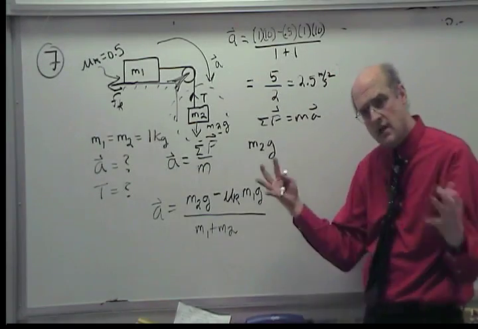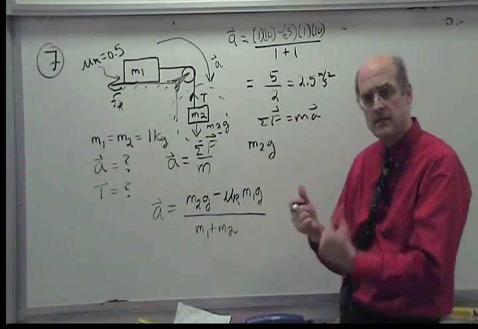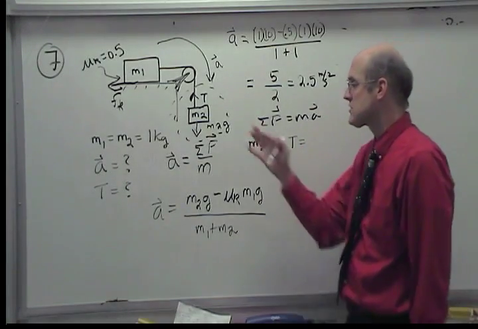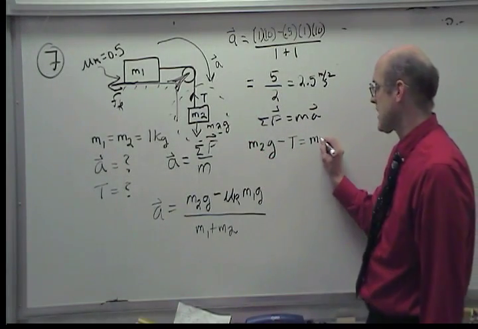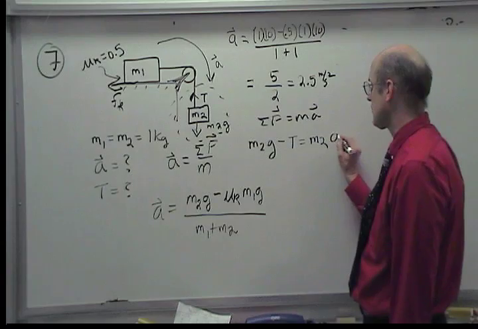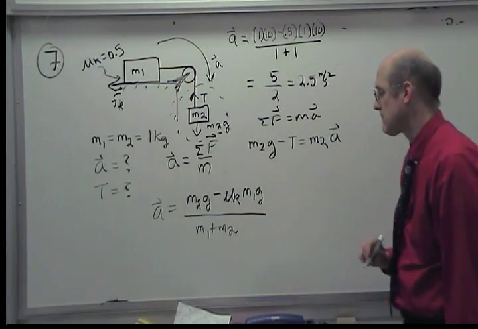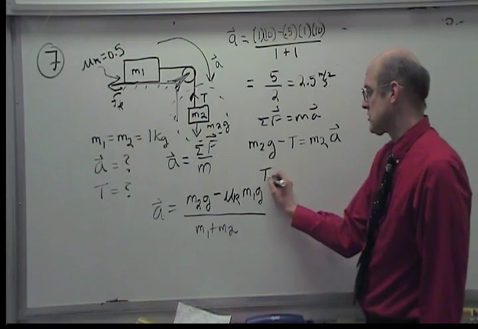So I have to sum those two, but since they're oppositely directed, we get M2G minus T equals the mass of the system, which is now just M2, times the acceleration, which we know to be 2.5 meters per second squared. So now we solve this for tension.